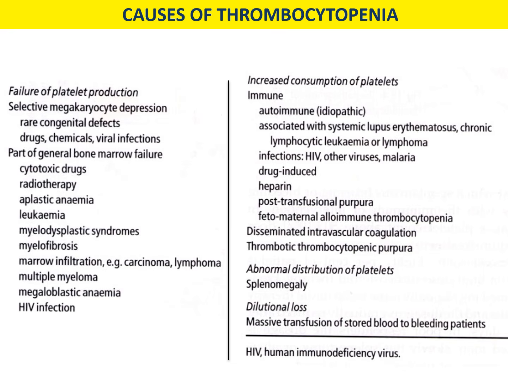Other causes include drug-induced thrombocytopenia such as heparin, DIC, disseminated intravascular coagulation, and thrombotic thrombocytopenic purpura, which I will be discussing shortly. We have abnormal distribution of platelets, like in disorders that result in splenomegaly, which I discussed in my earlier slides.